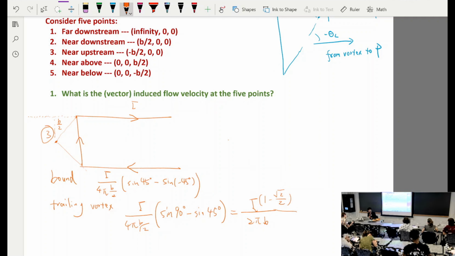Why is this one minus sine of positive 45 as opposed to minus sine of negative 45? That is because in this example, this endpoint corresponds to a positive angle. In the previous example, we were looking at a point like here, which corresponds to a negative angle, right? So this would be 0 angle.